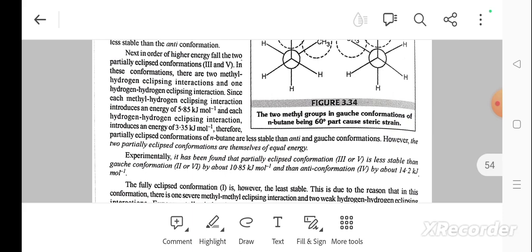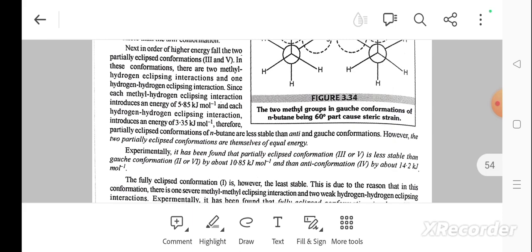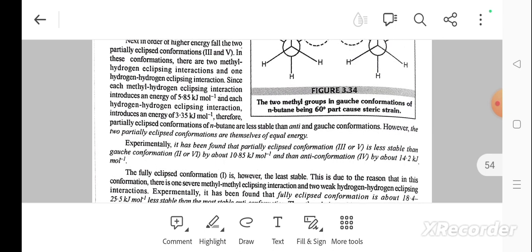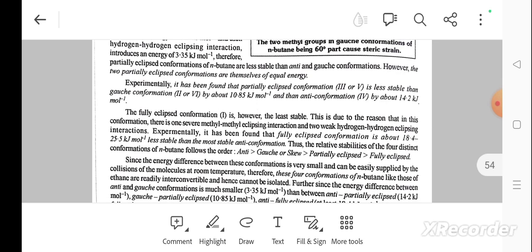Since each methyl-hydrogen eclipsing interaction introduces an energy of 5.85 kilojoules per mole and each hydrogen-hydrogen eclipsing interaction introduces an energy of 3.35 kilojoules per mole, the partially eclipsed conformations of n-butane are less stable than the anti and gauche conformations. However, the two partially eclipsed conformations are themselves of equal energy.